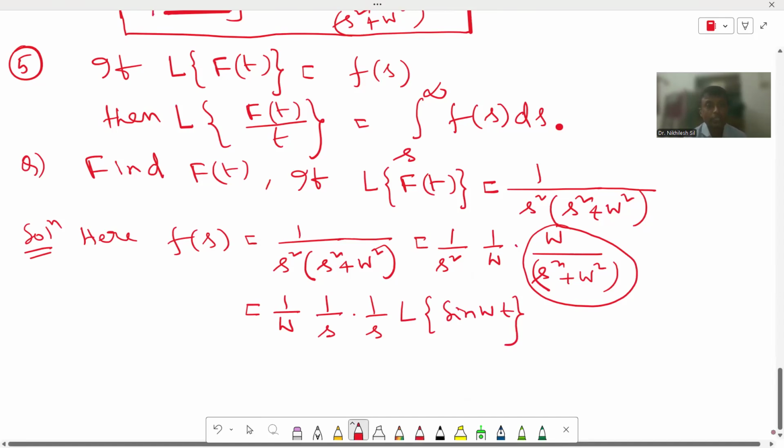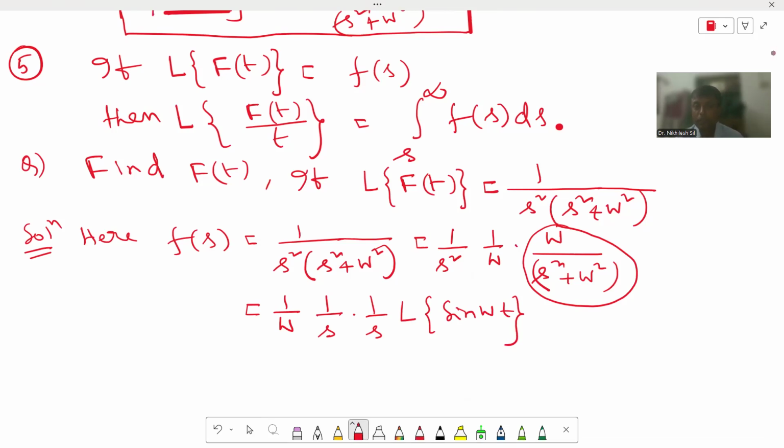So as per the formula, if the Laplace of the function is divided by s, then what will be the formula? When the Laplace of the function is multiplied by s, it is the Laplace of the derivative, and this is the Laplace of the integration. Okay, whose integration?